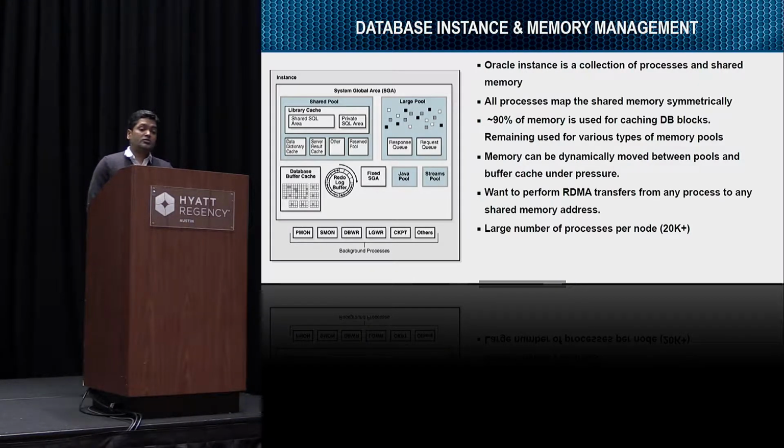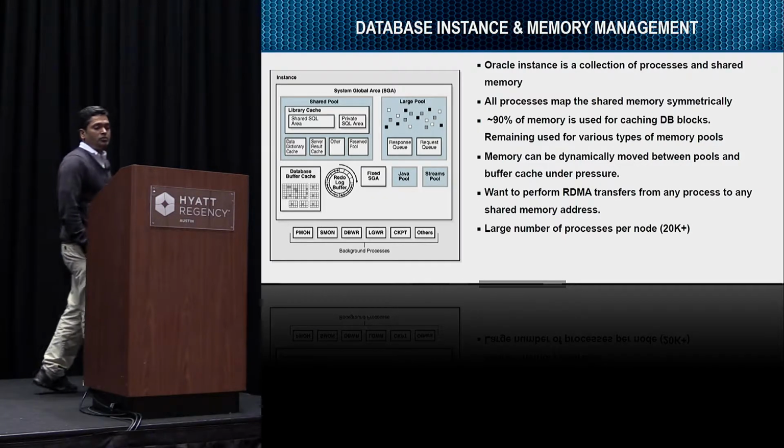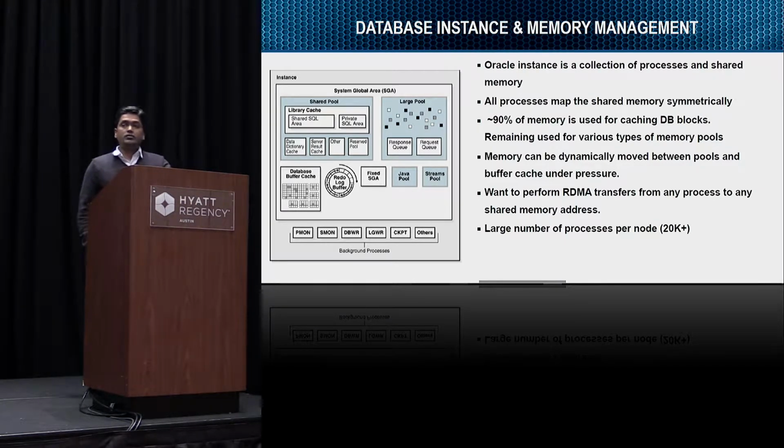In fact, 80 to 90% of the memory, based on the profile, is used for the DB blocks. Rest of the memory is spread into various pools. Under pressure, this memory can be moved from pool to pool, and we want to do RDMA from any process to any other process over this shared memory.